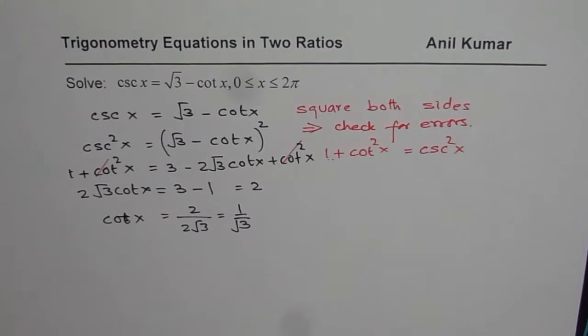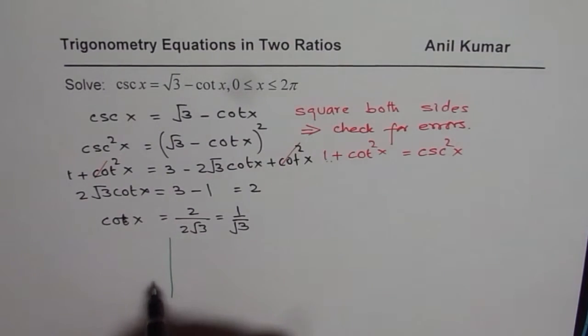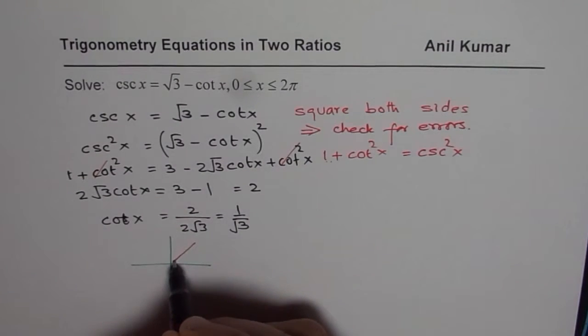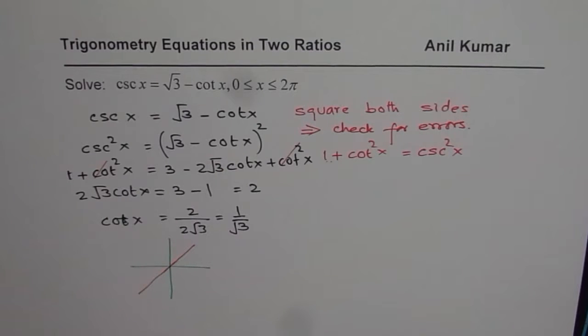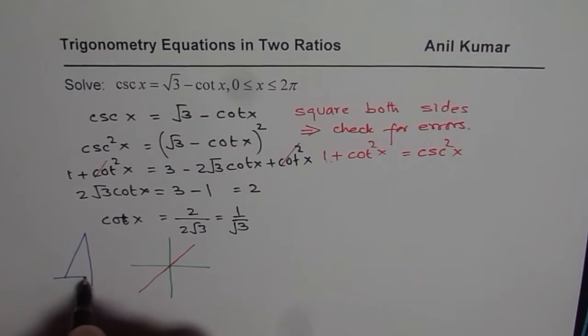Now cot is 1 over square root 3. That gives us the possibility of two solutions within 0 to 2 pi, because cot could be positive in quadrant 1 or in quadrant 3, correct? So when is cotangent 1 over square root 3? We can take help of special triangles to find the answer.